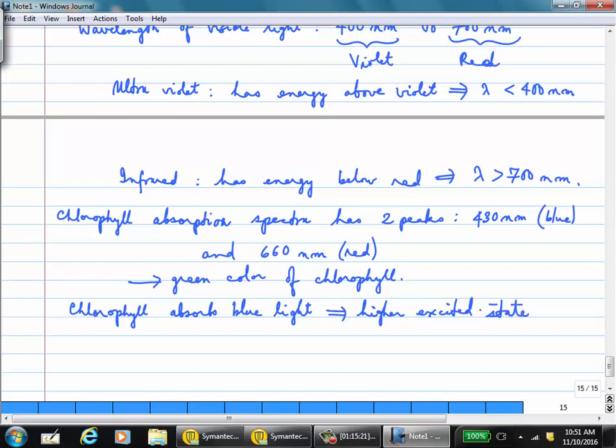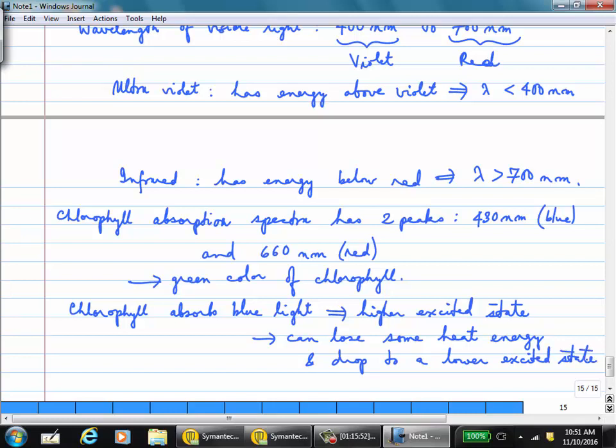Then from there, it can lose some amount of energy in the form of heat and drop to a lower excited state, because this higher excited state where it goes to from blue light is extremely unstable. So it drops to a lower state which is still excited.